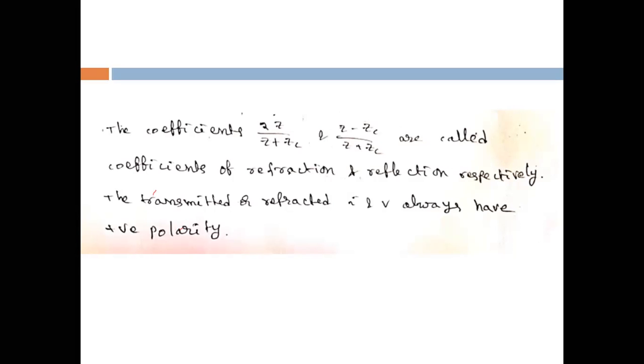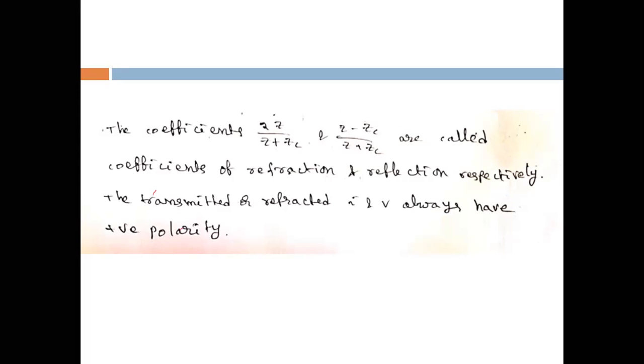Suppose z is greater than zc, where z is the normal impedance and zc is the characteristic impedance. Then in that case the voltage is positive and the current is negative. Those are the incident, refracted and refraction coefficients.